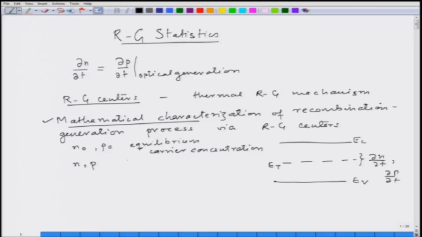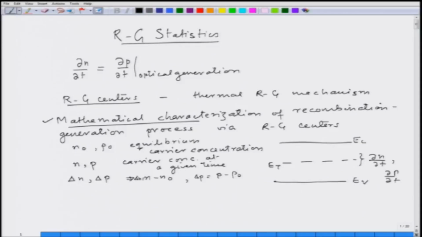So, n and p is the carrier concentration at a given time, and then we also define excess carrier concentration delta n, delta p, which is nothing but the carrier concentration at a given time minus the equilibrium, which is delta n, or delta p, which is p minus p naught.